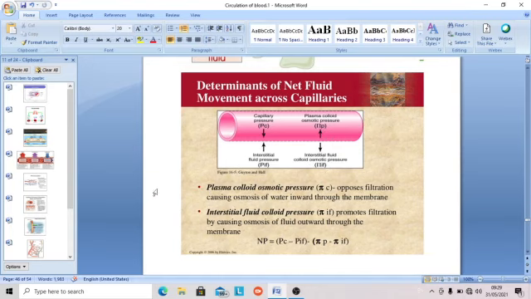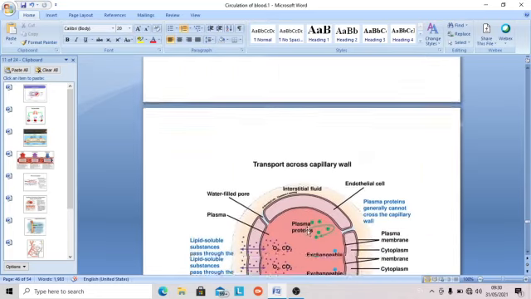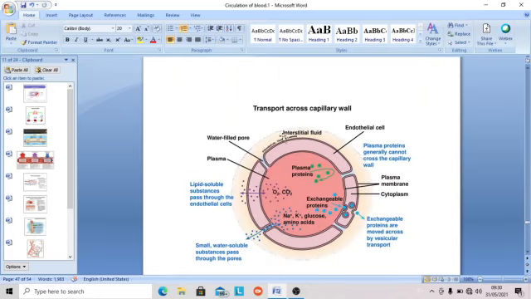So the net pressure is equal to Pc, the plasma hydrostatic pressure in the capillary, minus the hydrostatic pressure in the interstitial fluid, minus the colloidal osmotic pressure in plasma and the colloidal osmotic pressure in the interstitial fluid. This gives the net filtration pressure.